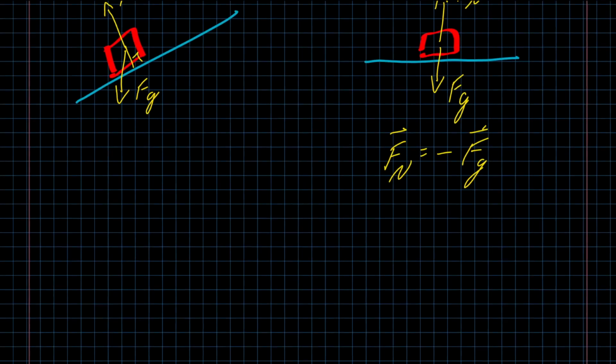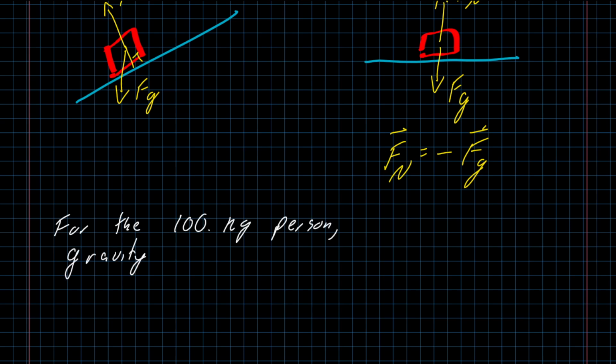But with that, we can say very simply, for that 100 kilogram person, gravity pulls downward with 980 newtons.